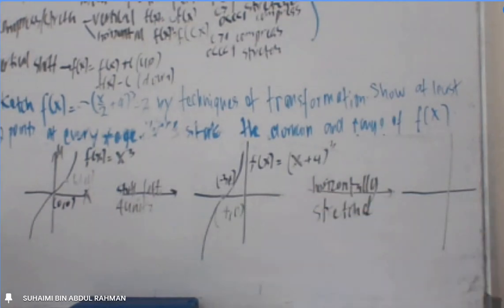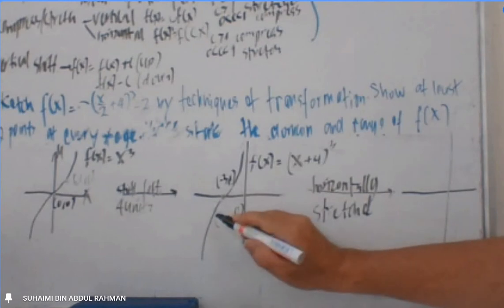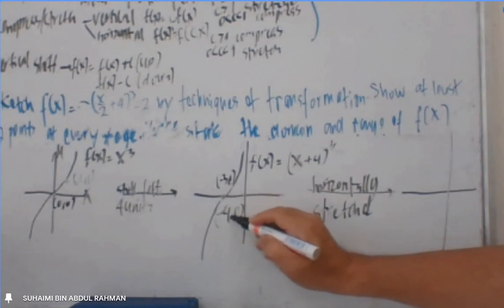Point minus 3, 0 will become what? Minus 4, 0.